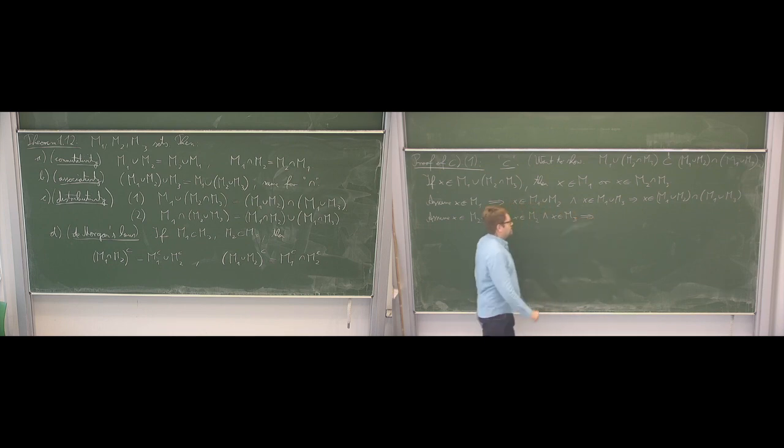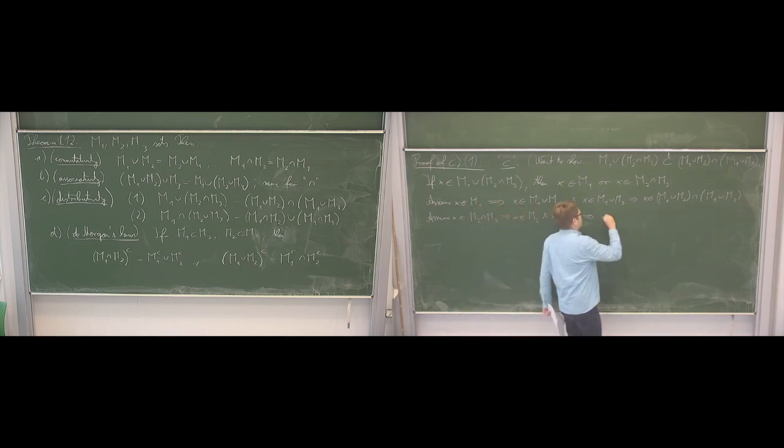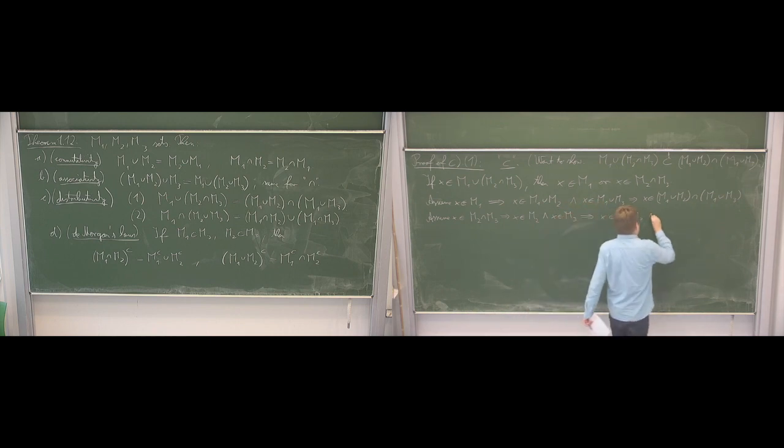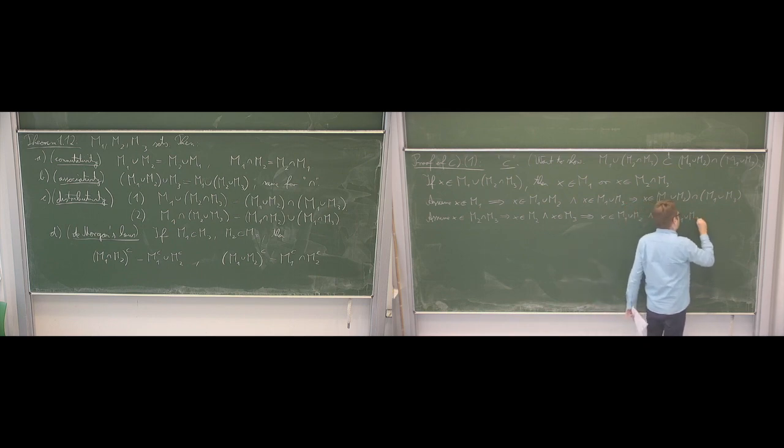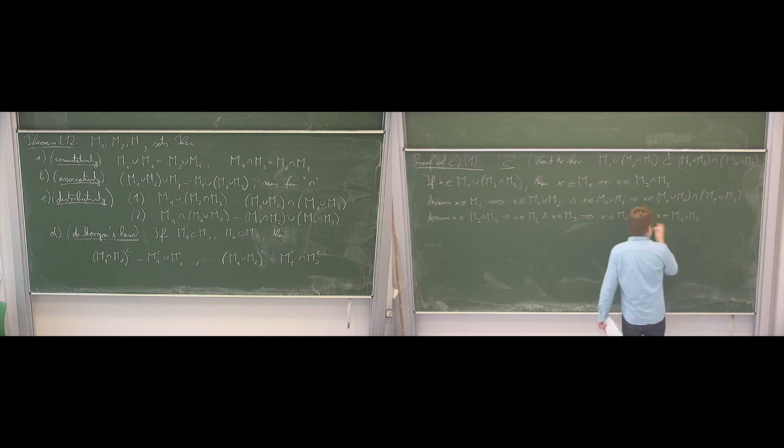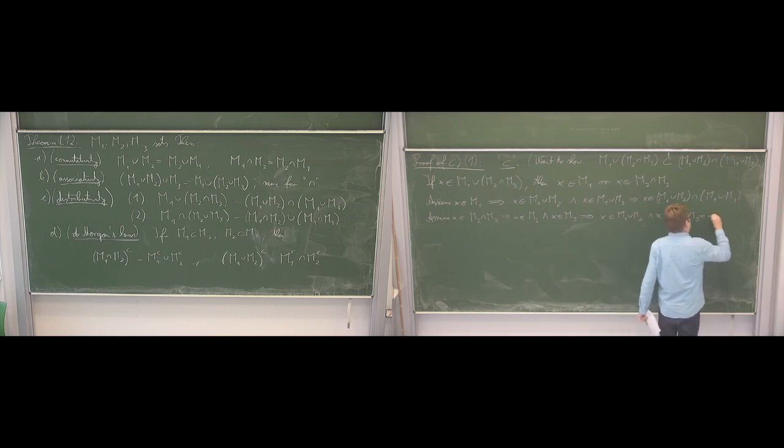This implies, and again we can increase the sets: if this holds, then surely this holds, simply by increasing the set. And the same thing here: if x is in M3, then it's definitely in the union of M1 and M3. And these two together again imply that x is in the intersection of these two sets, which is what we wanted to show.